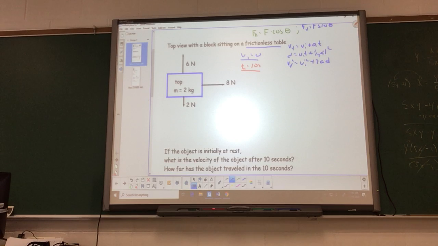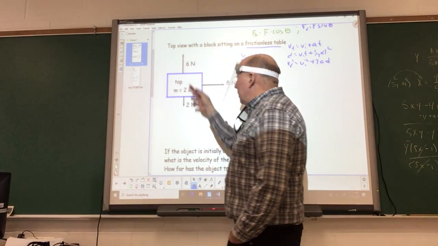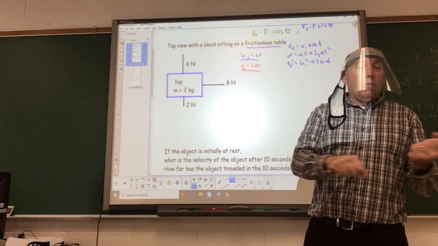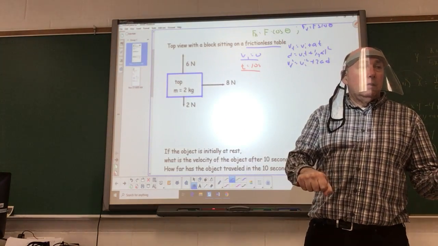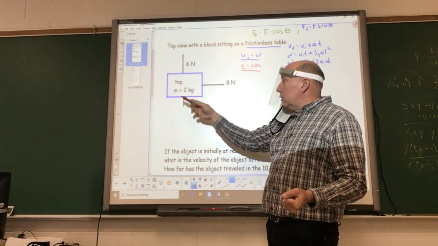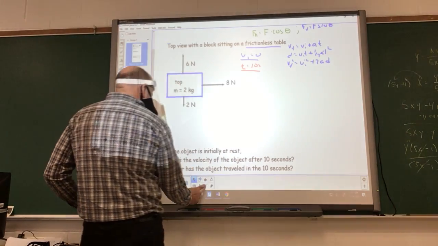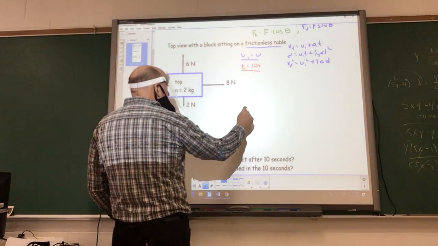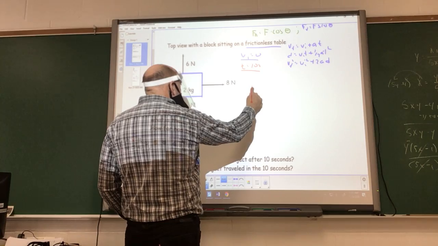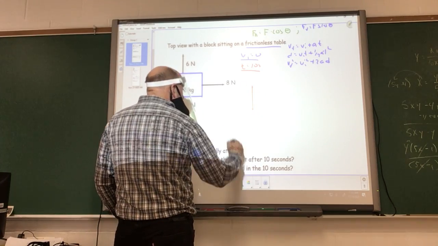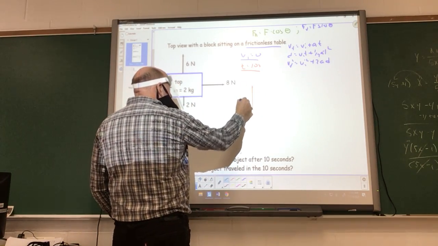What do we have as a net force in the vertical world? 4 up. Yeah, we're going 4 newtons upwards. Because if this was 2 and 2, we have a tug of war that's a tie. But since this is pulling 6 newtons and this is 2 newtons, we have a net force of 4 newtons upwards.